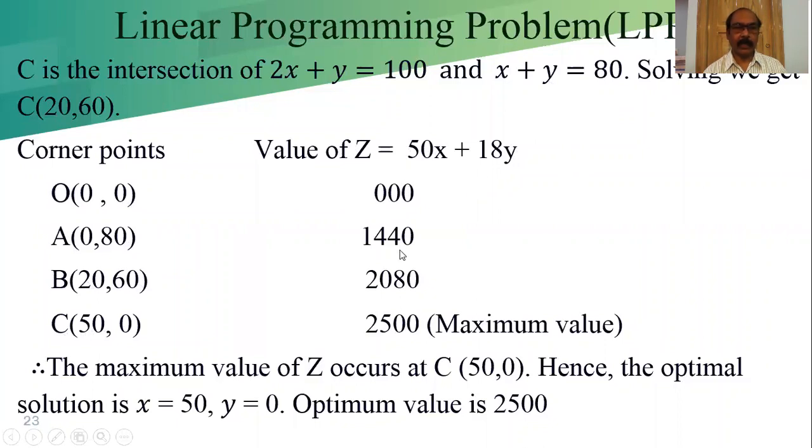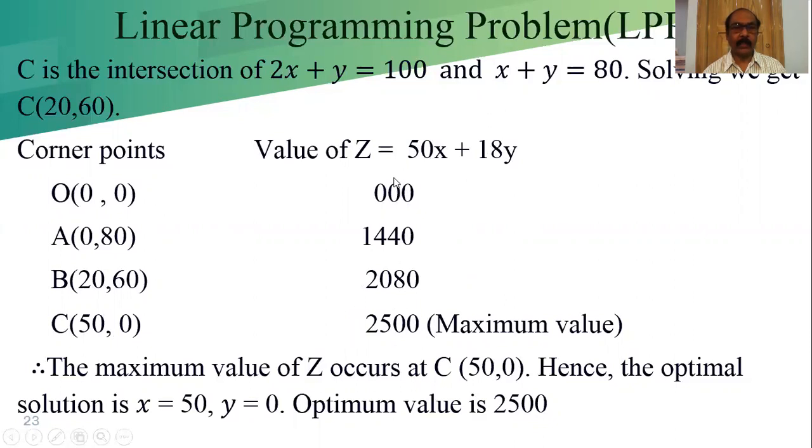After calculating, at 0, 0 we get 0; at A 0, 80 we got 1440; at B 20, 60 we got 2080; and at C 50, 0 we got 2500.